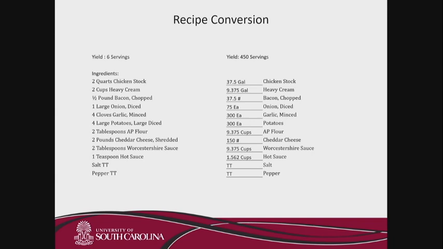When I worked at Disney, our recipe for our cheddar soup was 450 servings, okay? Had huge steam kettles that we made this in. We literally put this much stuff in there. If you tell your cooks, I need 150 quarts of chicken stock, a lot of them are going to sit there and measure out 150 quarts.